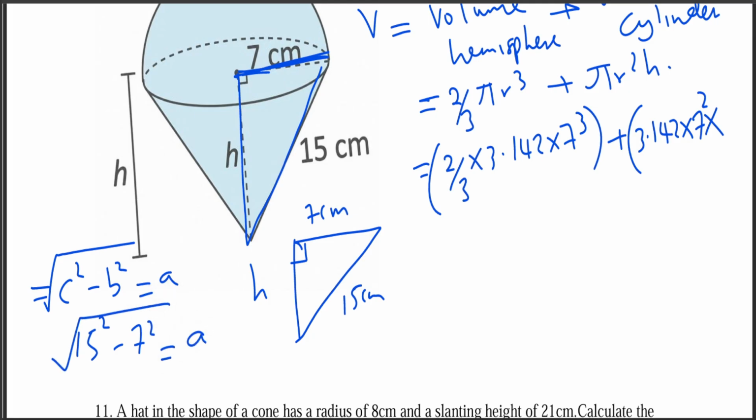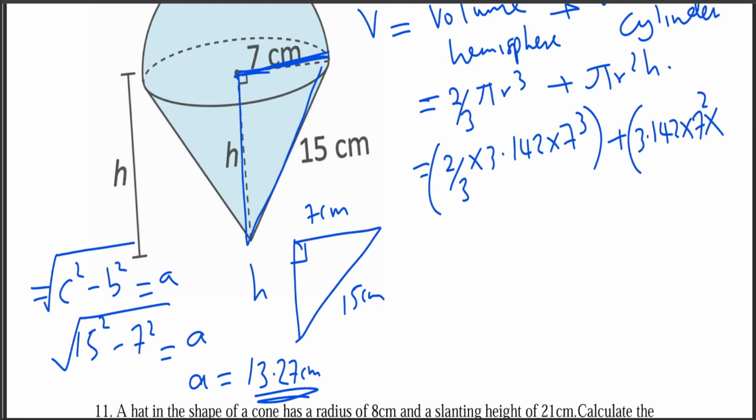It's equal to a. So 15 squared minus 7 squared, then square root this one is going to give you a to be 13.27 centimeter. So that is our height.